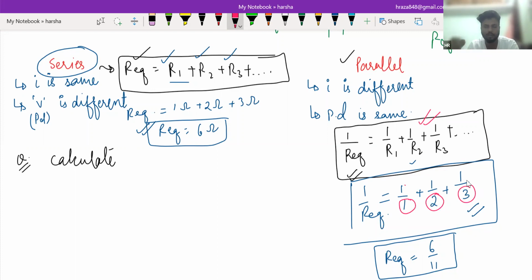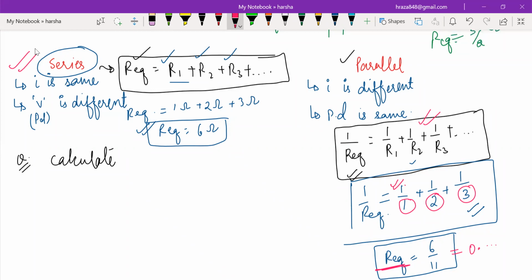That means the 3 ohm is the largest one, and you can see R equivalent is basically 0 point something. So basically in parallel resistance, the R equivalent will be smaller than the individual smallest one. And here, in series, the R equivalent will be larger than any of the individual one. Is that clear? Yes, sir.